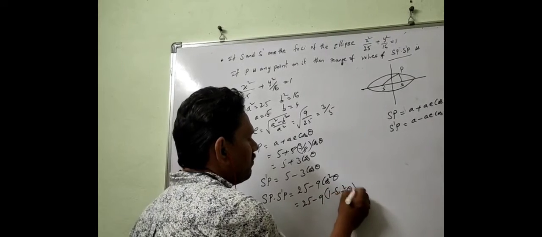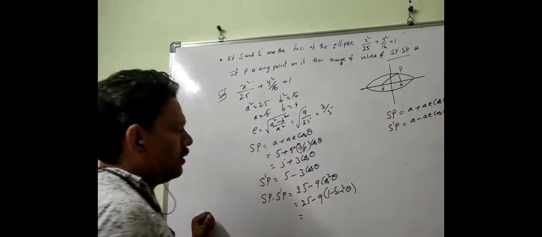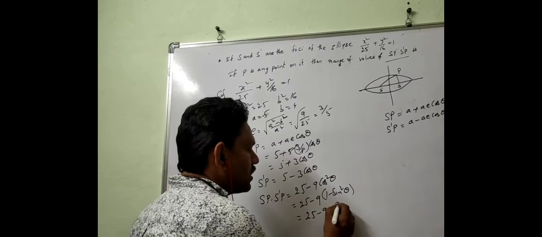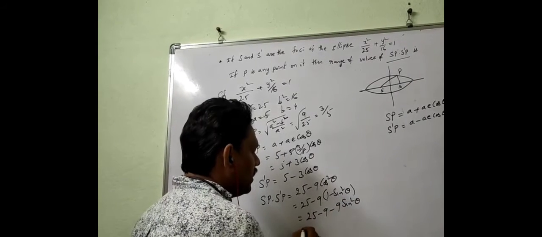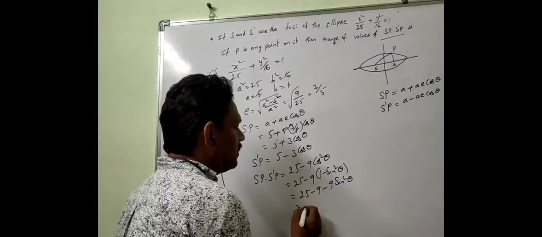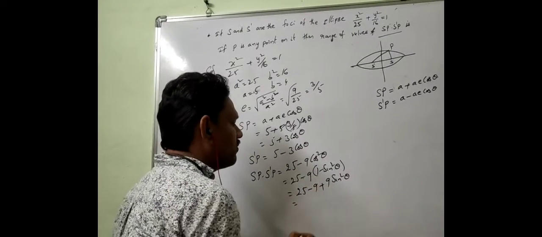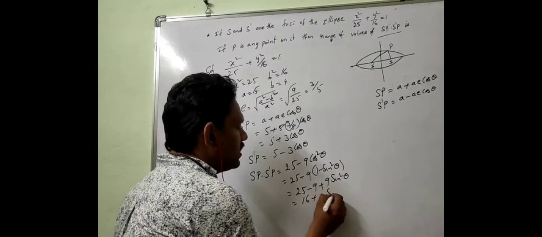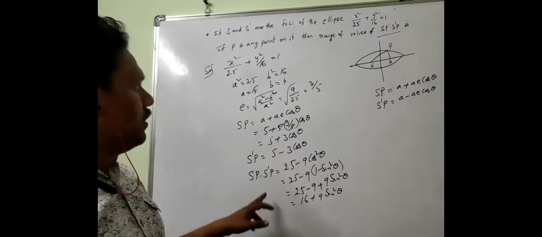Cos square theta can be written as 1 minus sin square theta, so 25 minus 9 plus 9 sin square theta, which is 16 plus 9 sin square theta.